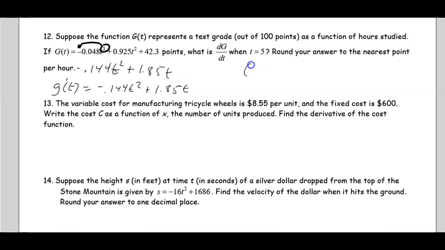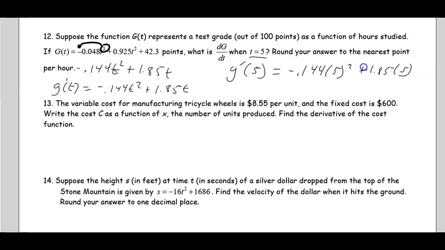Now we need to evaluate g prime of 5, all right, because t is 5. So we just substitute it into our equation right here. Negative 0.144 times 5 squared plus 1.85 times 5.